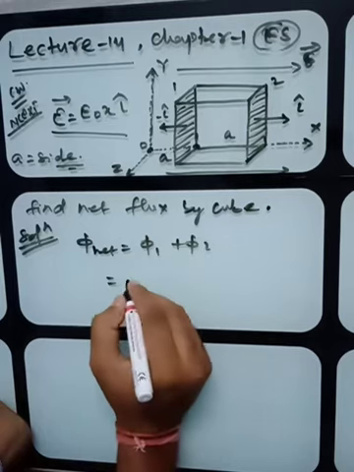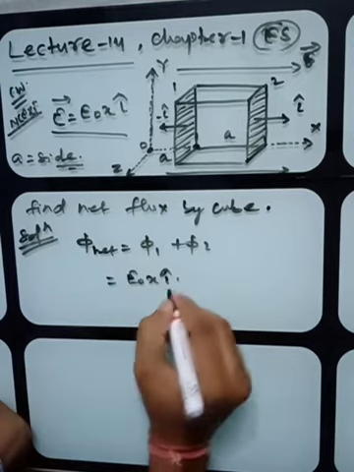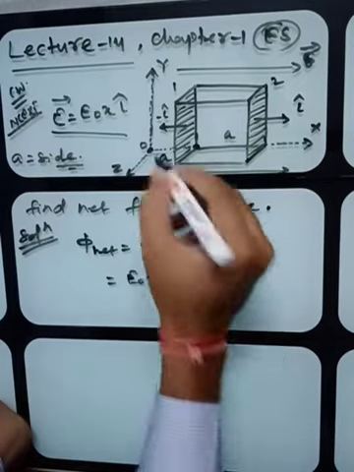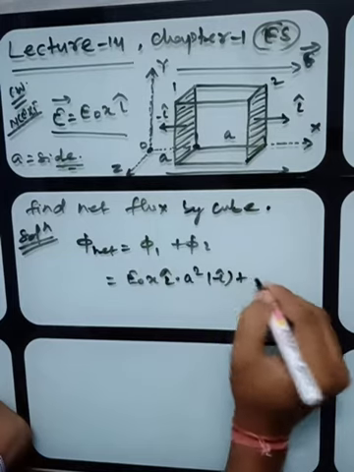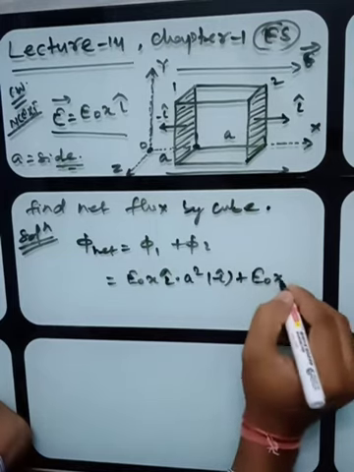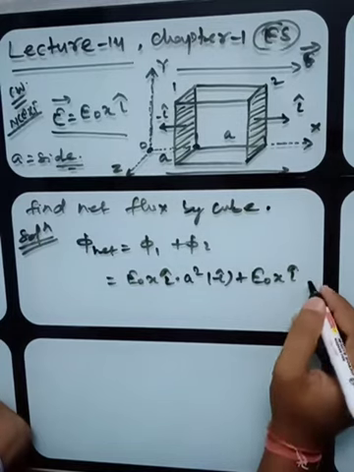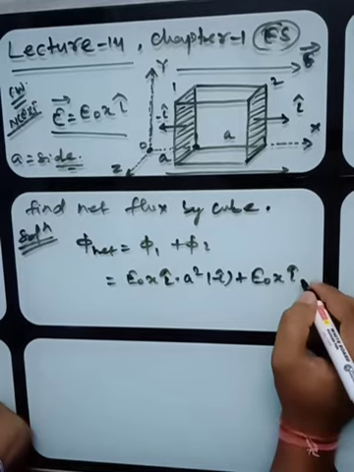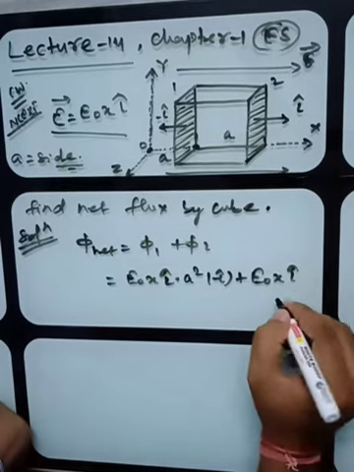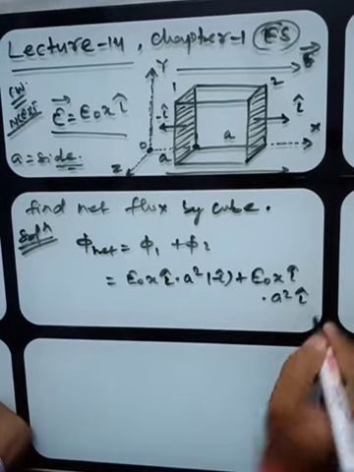Here phi 1 is E naught x i dot, the area a square, with direction minus i, so E naught x i dot a square minus i.